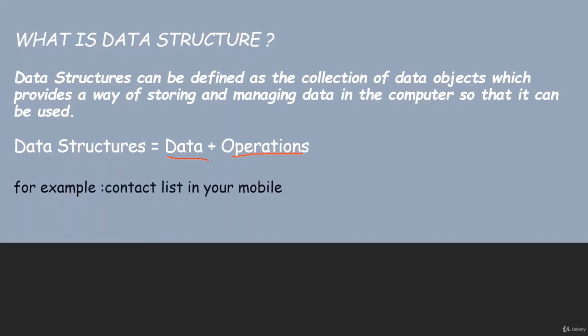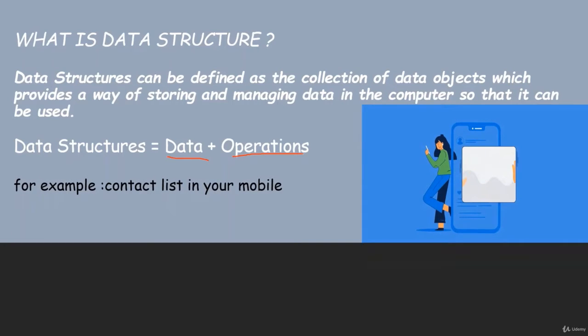For example, contact list in your mobile. Have you ever gone through your contact list in mobile? In contact list, the contacts have been sorted in alphabetical order. Like someone's name is Aaron, so his name will be stored at first place, that is in A block. And likewise, if someone's name is Marina, so her name will be placed in M block.